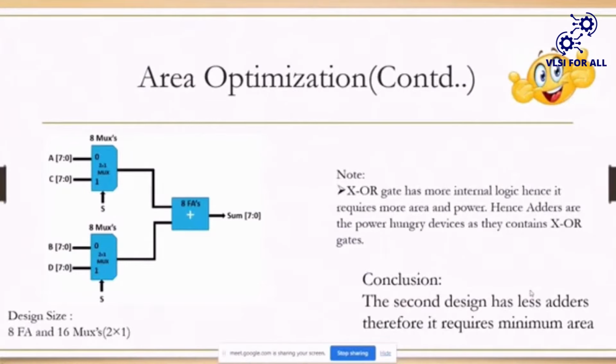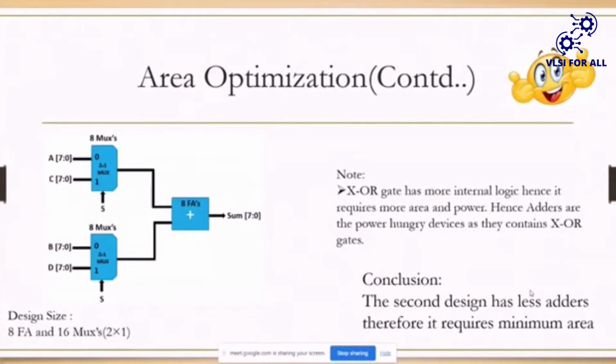Now it is 8 full adders and 16 multiplexers. Yes, I agree, the multiplexer number is increased, but it's okay. Our concentration is adders. Our design must contain less number of adders. The second design contains less number of adders.